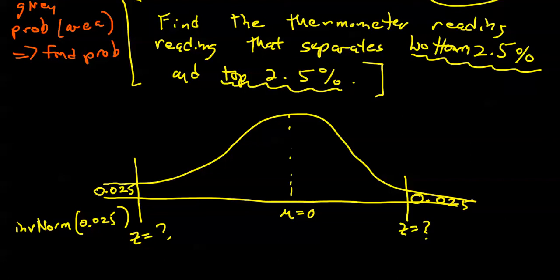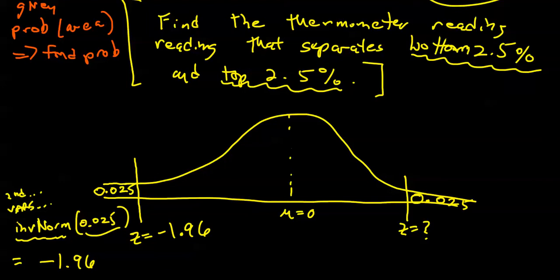So if I punch that out on my calculator, using second, vars, the distribution menu, call up your inverse norm command, and plug in a left area of 0.025, that command reads out a z-score of minus 1.96. Now that's in degrees Celsius, so this tells me that a temperature reading of minus 1.96 degrees Celsius cuts off the bottom 2.5%.